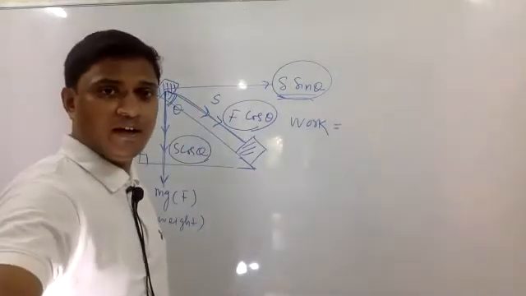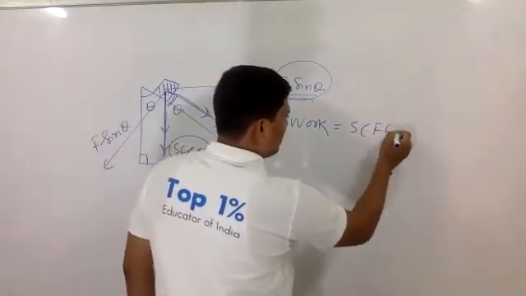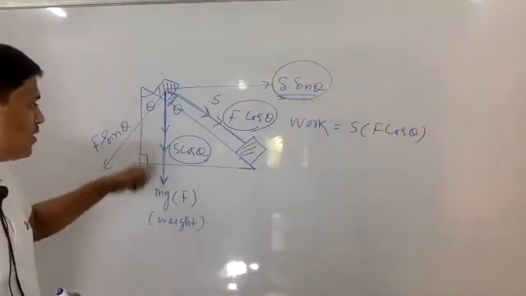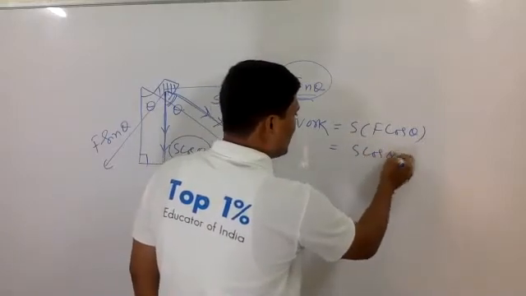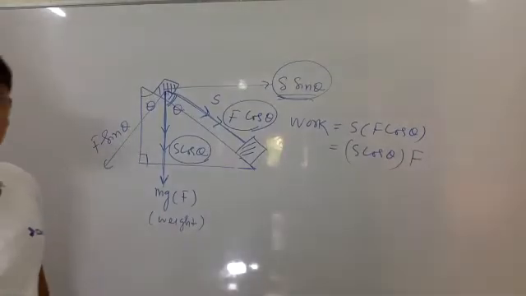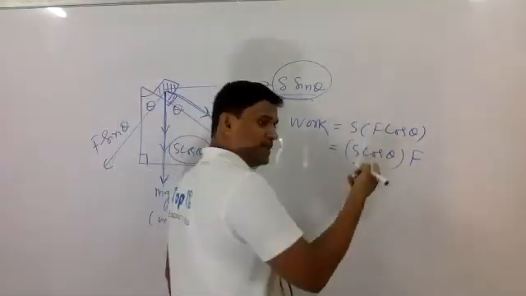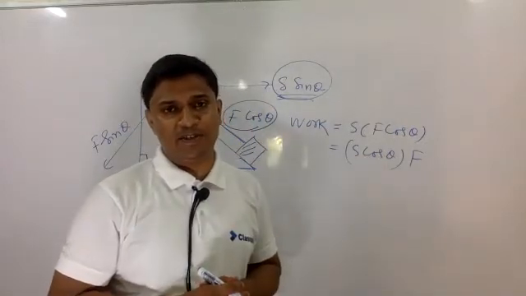So I can write S, and the force component is F cos theta. From the other point of view, the component of displacement is S cos theta and the force is F. Literally, work is force times displacement, but we can't simply say that without this care.